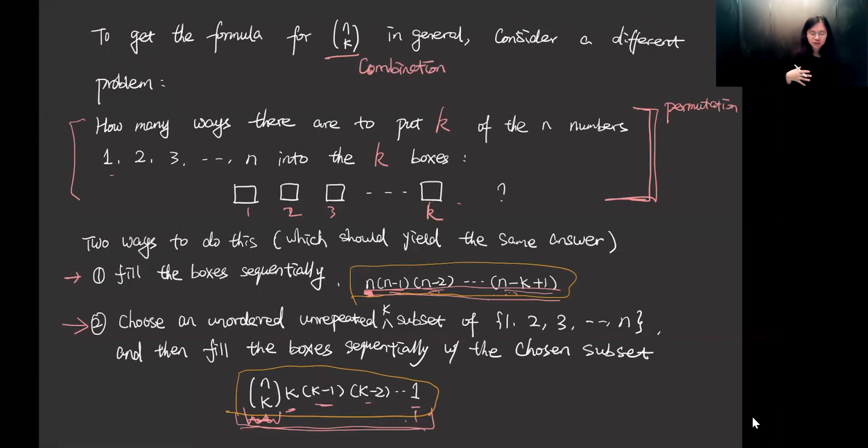So when you choose k numbers unordered from n elements, you are choosing k combinations. When you put k numbers out of n numbers into k ordered boxes, that is a permutation problem. Each way of doing it is a permutation.